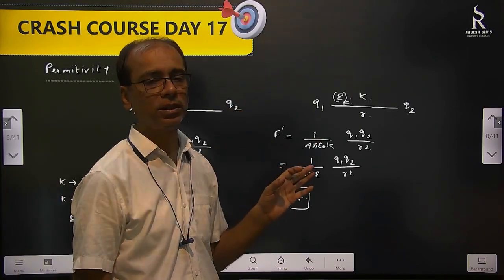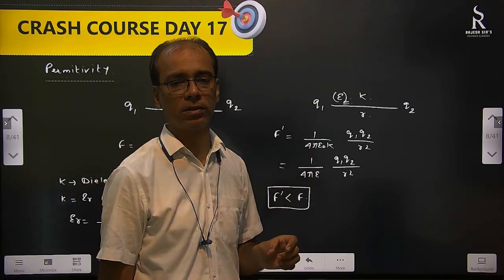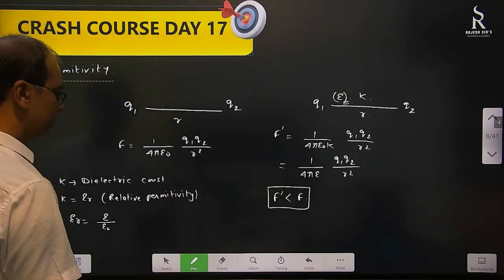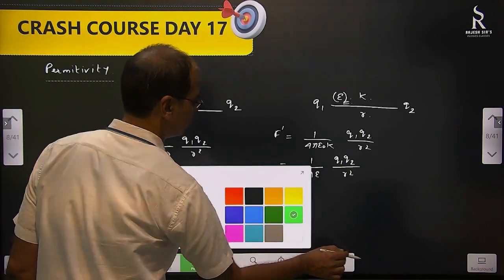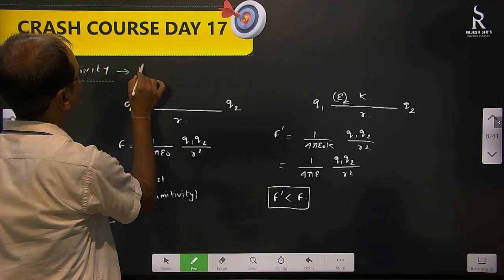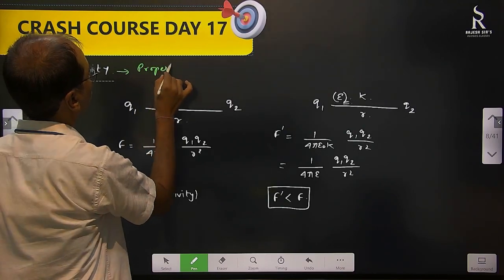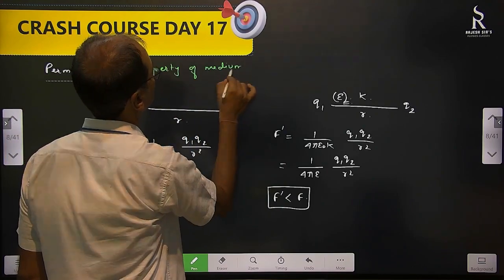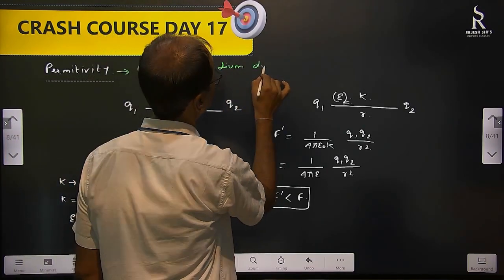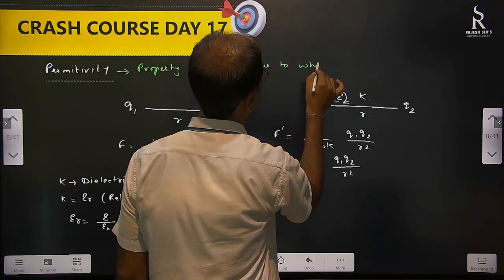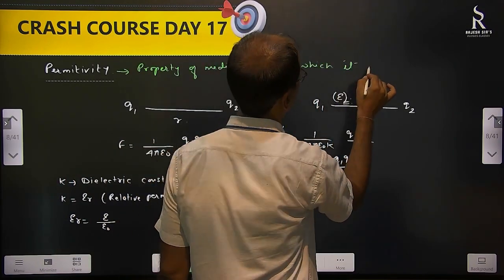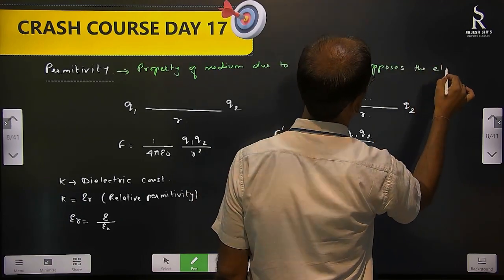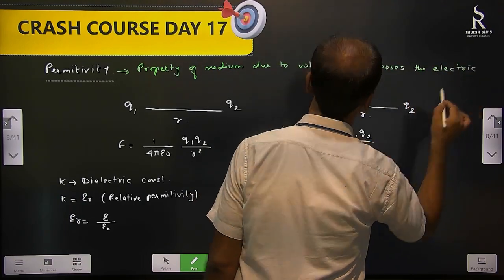So permittivity basically is the opposition or resistance to the electric field. What is permittivity? Actually, a property of the medium due to which it opposes the electric field.